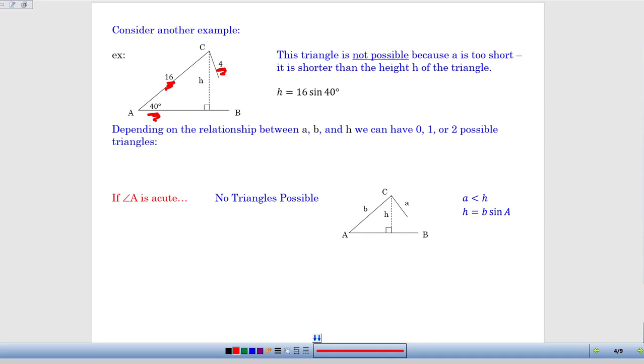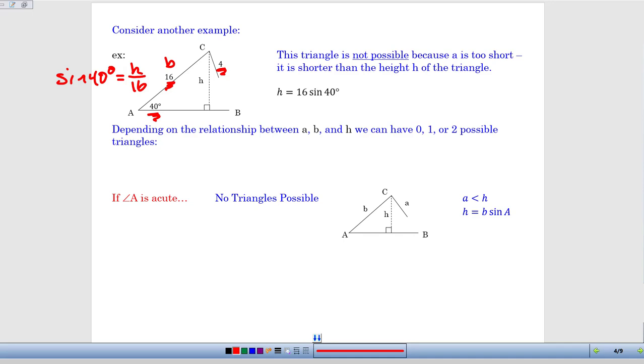If we drop a perpendicular like we have there for the height, and we want to try to figure out what the height of this triangle is, we can set up a little sine of 40 degrees equation. So sine of 40 degrees would be opposite over hypotenuse, so h over 16. And then if I just multiply both sides by 16, I get that the height of this triangle is equal to 16 times the sine of 40, or b, since this is length b over here, times the sine of angle A, the 40-degree angle.